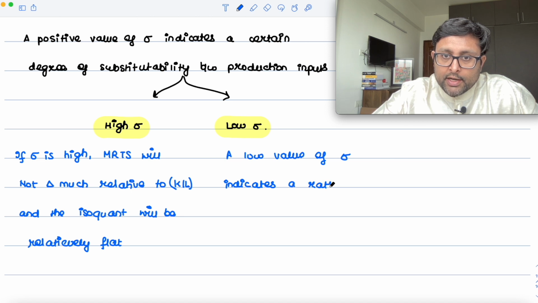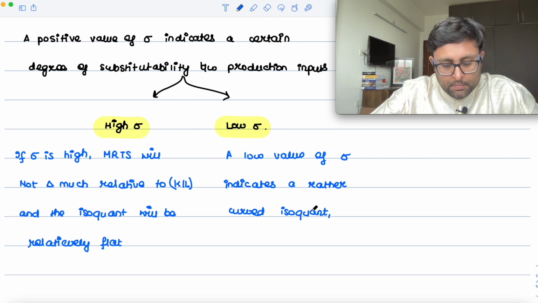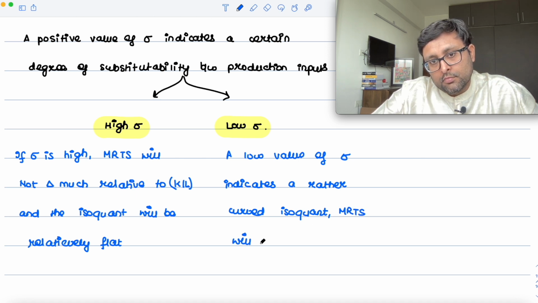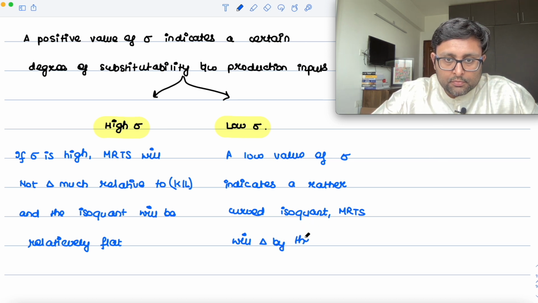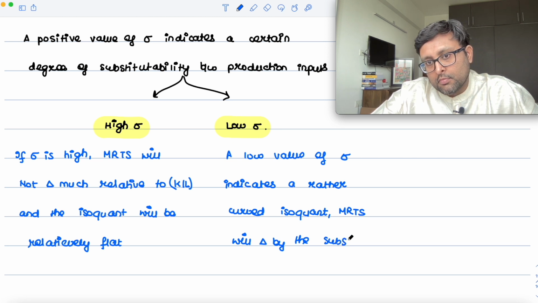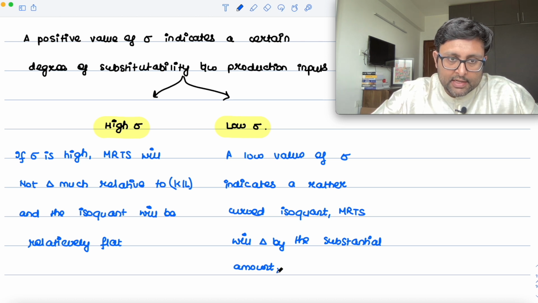So a high value would indicate a relatively flat isoquant. MRTS will change by a substantial amount as K by L changes.